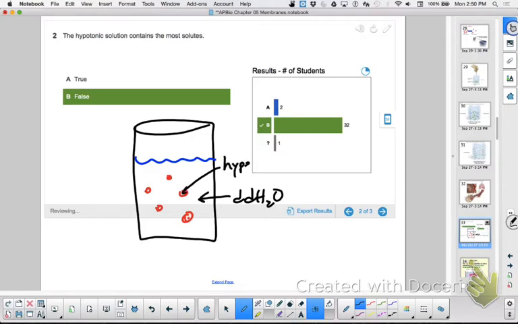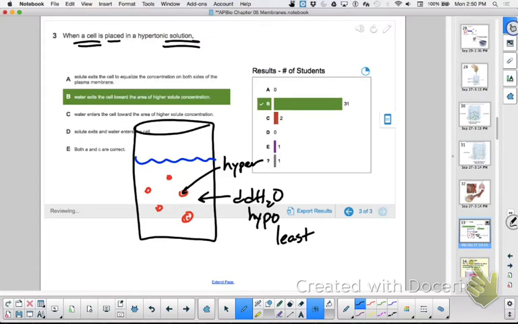Hyper, and the distilled water would be hypo. Water must flow from the hypo. And it says the hypotonic solution contains the most solutes. No, the hypotonic solution contains the least solutes. Ask the person next to you if they get that.